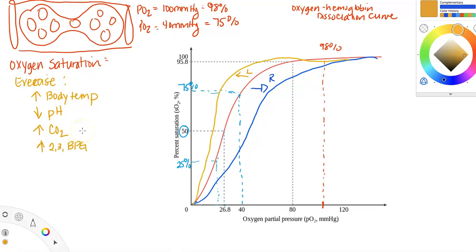2,3-BPG. And 2,3-BPG is a substance that's made from glycolysis.